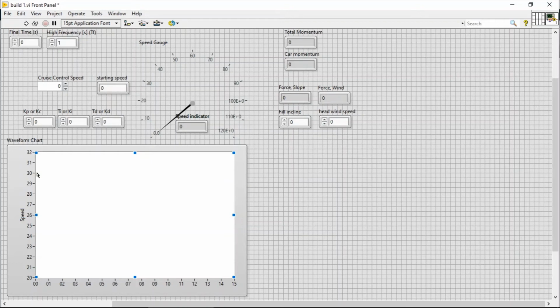So my first goal was to create an acceleration curve that had less than 5% overshoot. If we say we're going from 20 to 30, and I'm using 30 as my 5% point, I don't want anything to go over 1.5 miles per hour, so the maximum my car can see is 31.5. I think that's pretty realistic because on some cars, if you put 30, it'll come to 30 perfectly and stop.